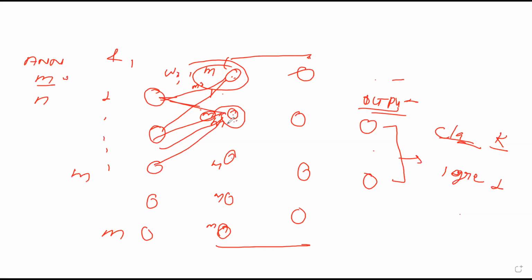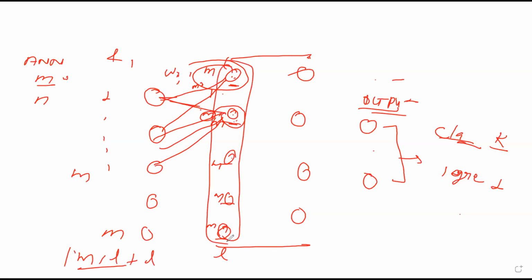Similarly for this one. Let's say you have L neurons here. How many parameters will be learned by this layer? Each neuron learns M weights, so L neurons will learn M times L weights, plus L biases as well. These are the number of parameters learned by this layer.